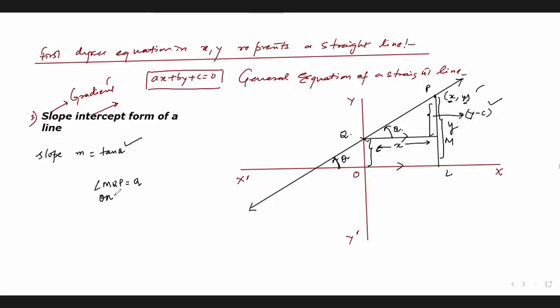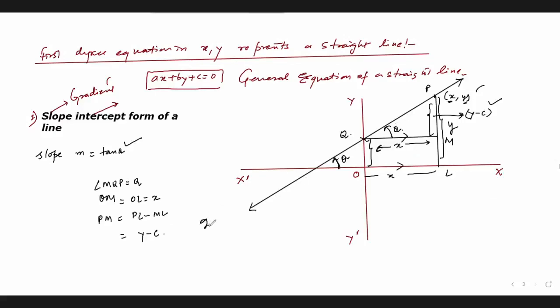And QM is equal to OL, that is equal to x. If you find the distance of PM, PM is equal to PL minus ML, that is equal to y minus c.